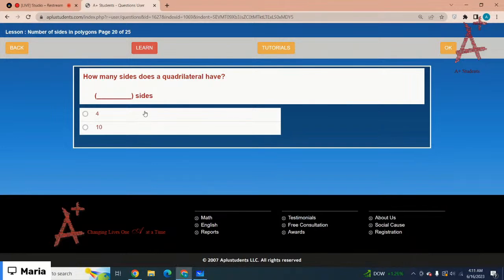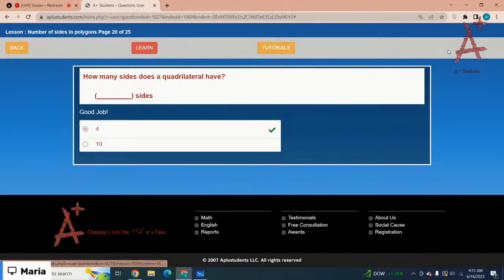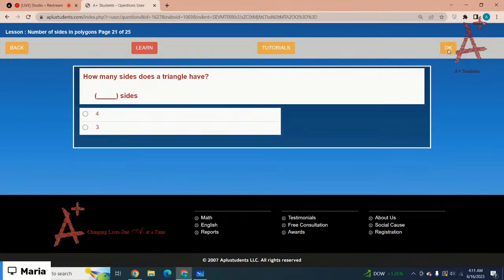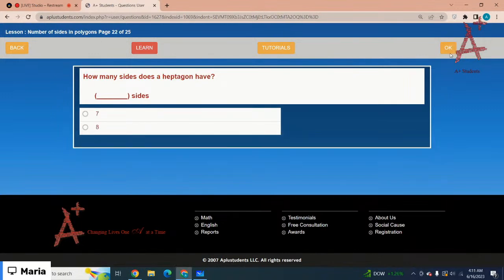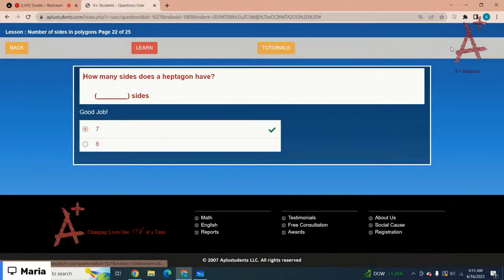A quadrilateral has 4 sides. How many sides does a triangle have? A triangle has 3 sides. How many sides does a heptagon have? Hepta means 7, so a heptagon has 7 sides.